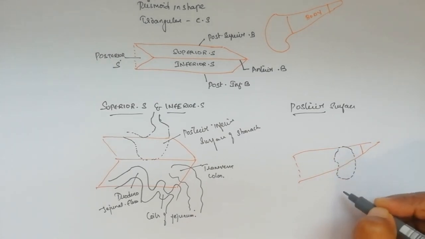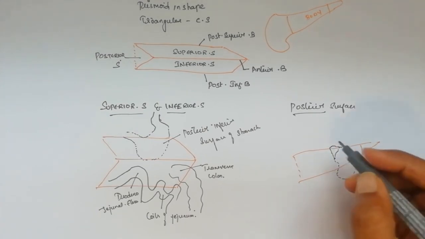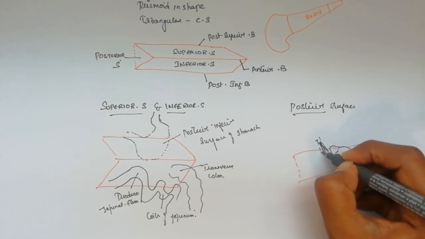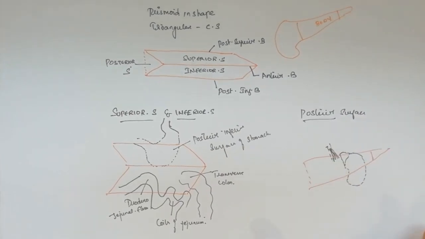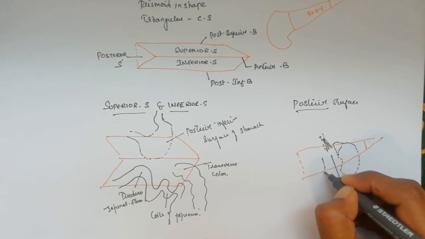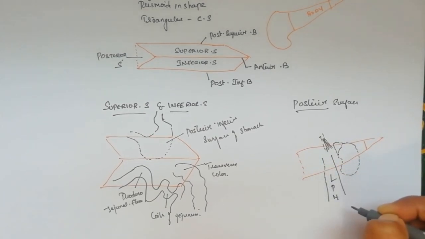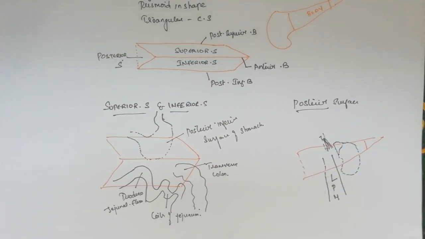We have got left kidney related with part of left suprarenal gland, and also we have got left crus of diaphragm related. Left crus of diaphragm will be related, and then we have got left psoas major muscle, and then we will be having aorta somewhere present over here.